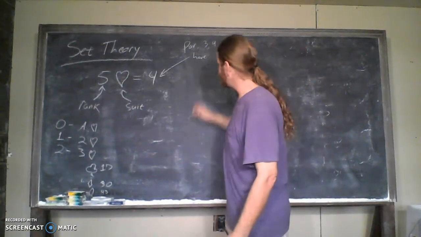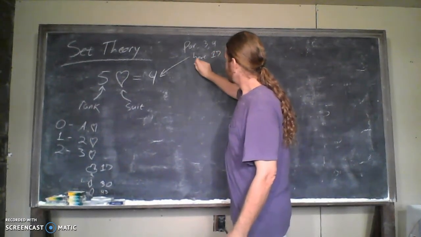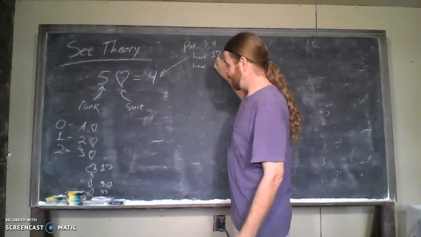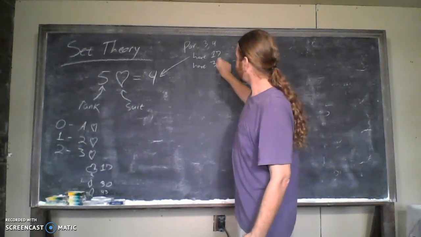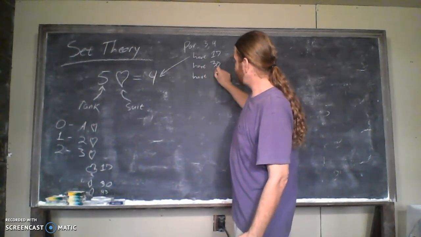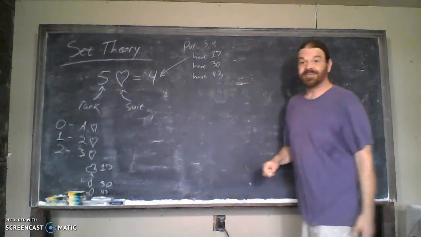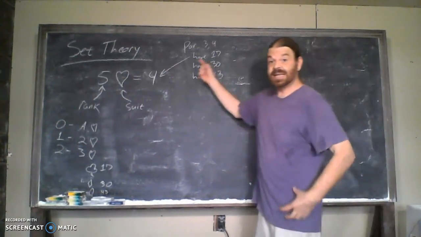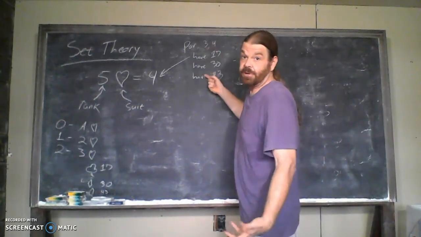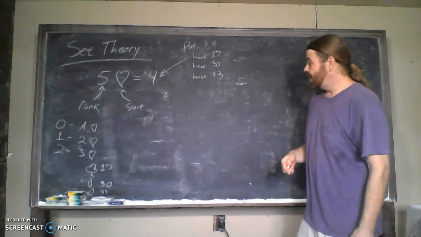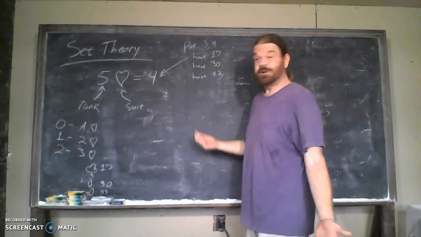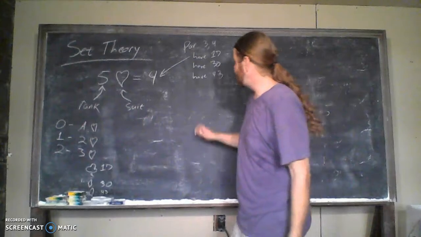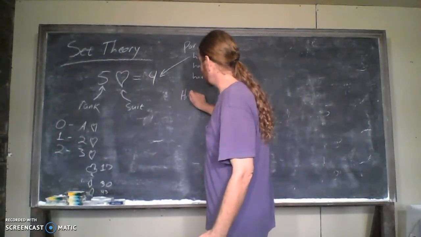Do we also have card 17? Have card 30? Have card 43? And we have to check each one of those things to determine if we have a pair, a 3 of a kind, 4 of a kind. And then our other things, the high card. There's a lot to check there.